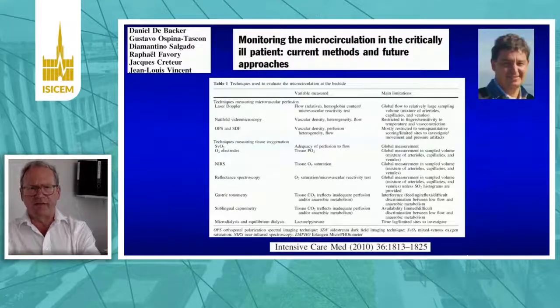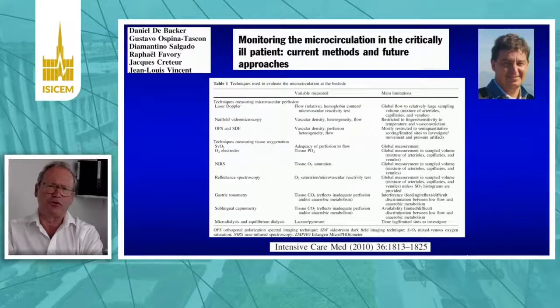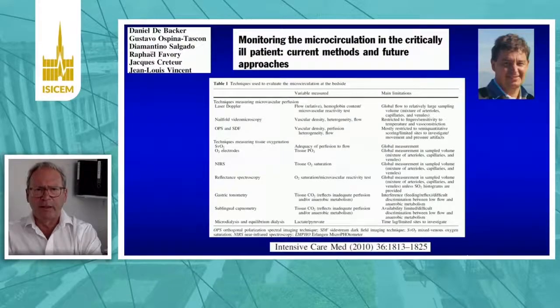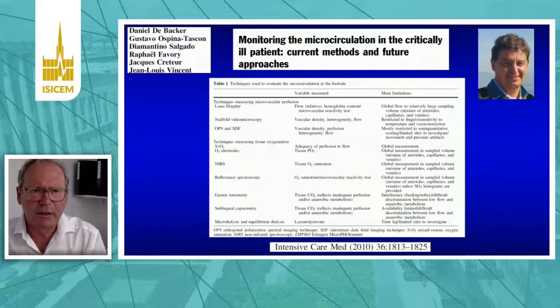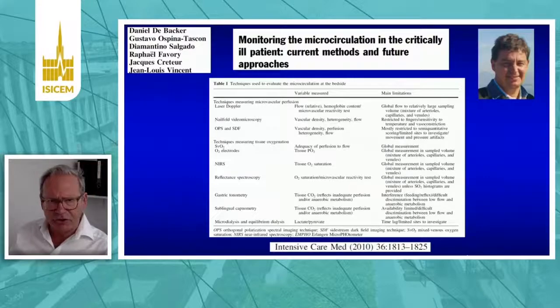So there are various techniques which have been described in the literature over the many years, which look at the various methodologies for looking at tissue perfusion, and specifically the microcirculation. In this review paper, there are several techniques like laser Doppler, SVO2, NIRS, reflectance spectroscopy, gastric tonometry, all of which purport to measure some aspects of tissue perfusion.